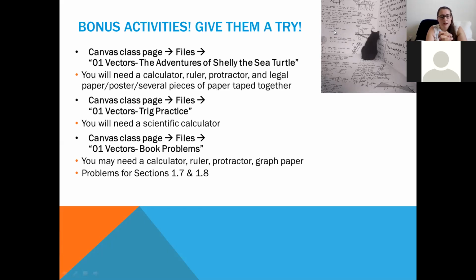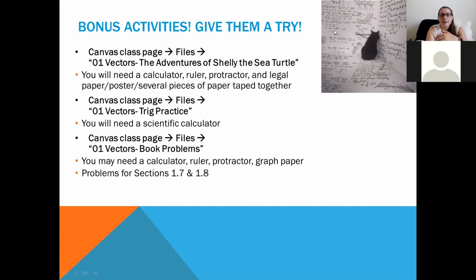So this first activity, Vectors, The Adventures of Shelley the Sea Turtle, will give you practice drawing vectors with a particular length and direction. You will need a ruler and a protractor and a big piece of paper to do that activity, but it will help give you practice drawing them if that's what you need.